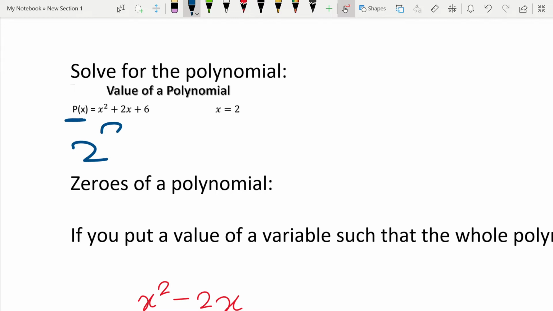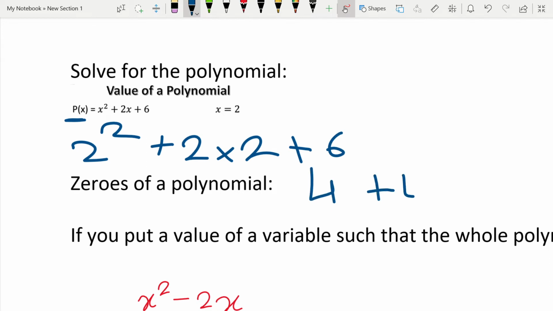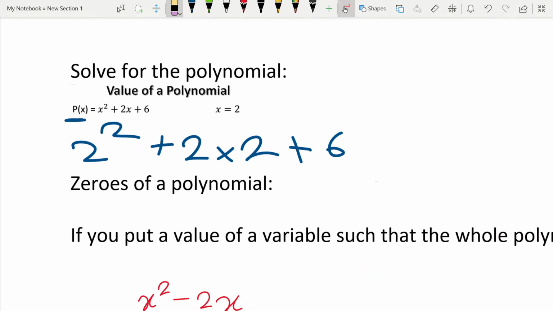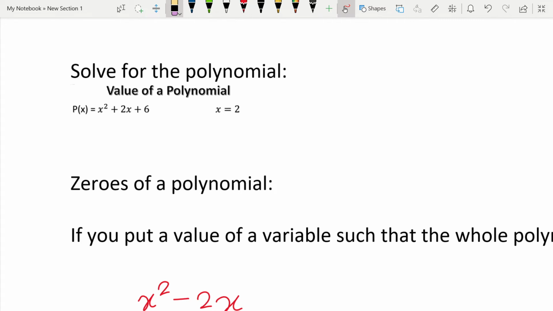You will do 2 squared plus 2 times 2 plus 6. Right? 2 squared is 4, plus 4, plus 6. What is that? 4 plus 4 is 8, plus 6 is equal to 14. Okay? Let's rub this out and move on.